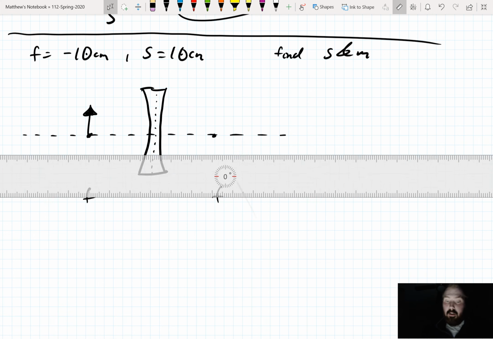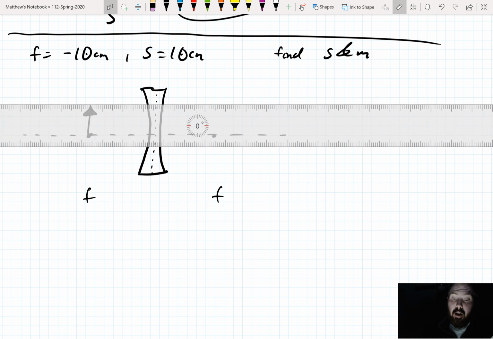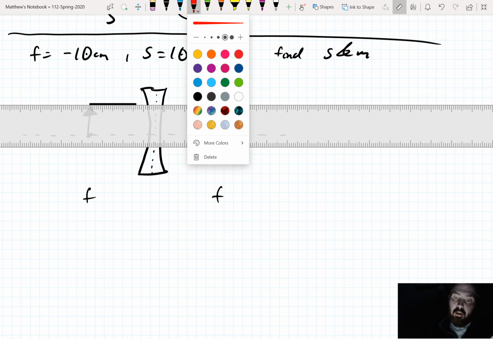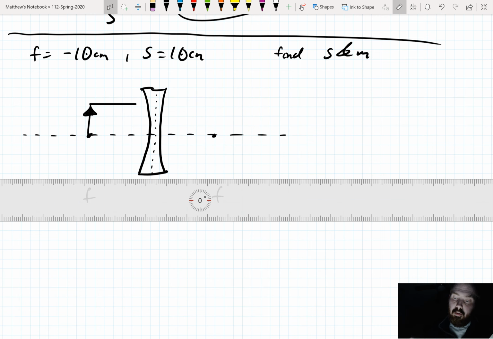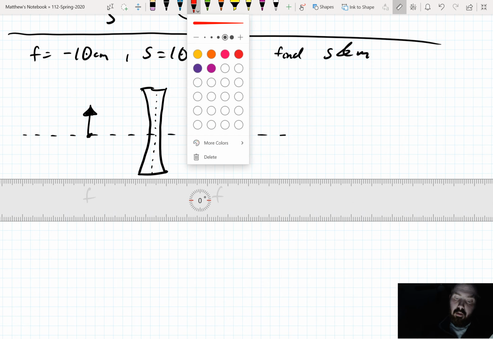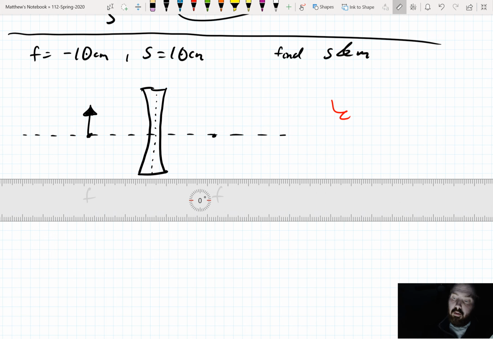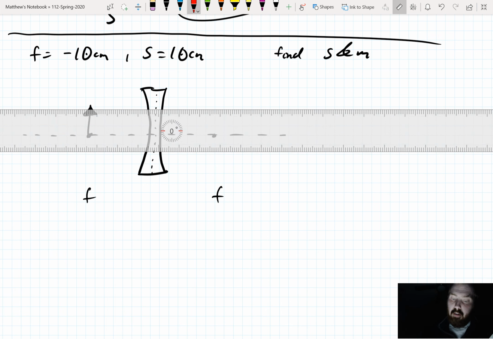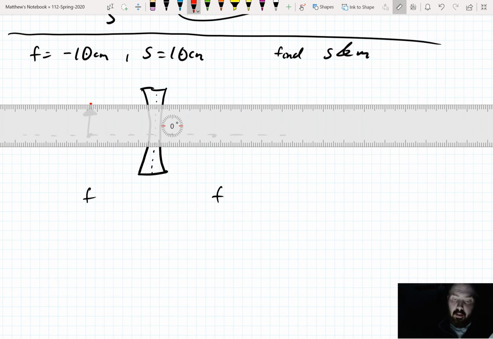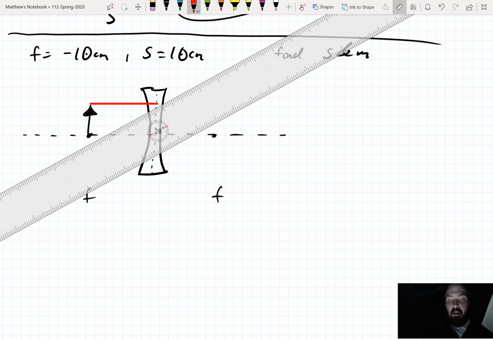All right, shoot in our rays. Yes, I want red rays. Shoot in, diverge.